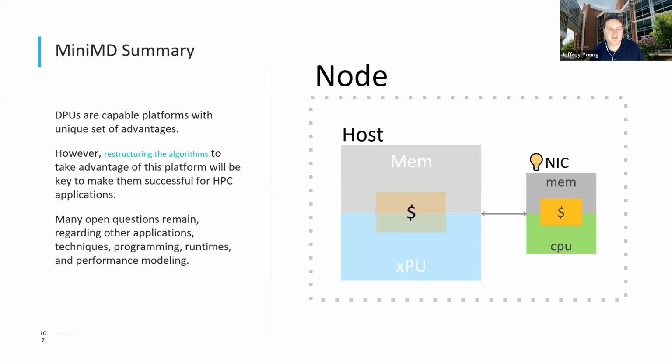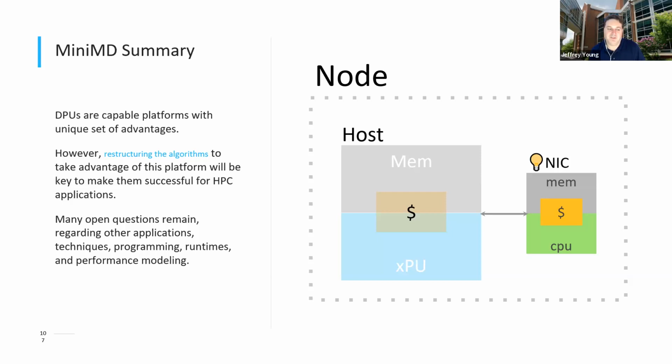One of the key things to note here is that when we think about algorithmic restructuring, obviously this is a pretty extreme approach. This is if you have an HPC application where you say, I might want to maximize the performance of this application.